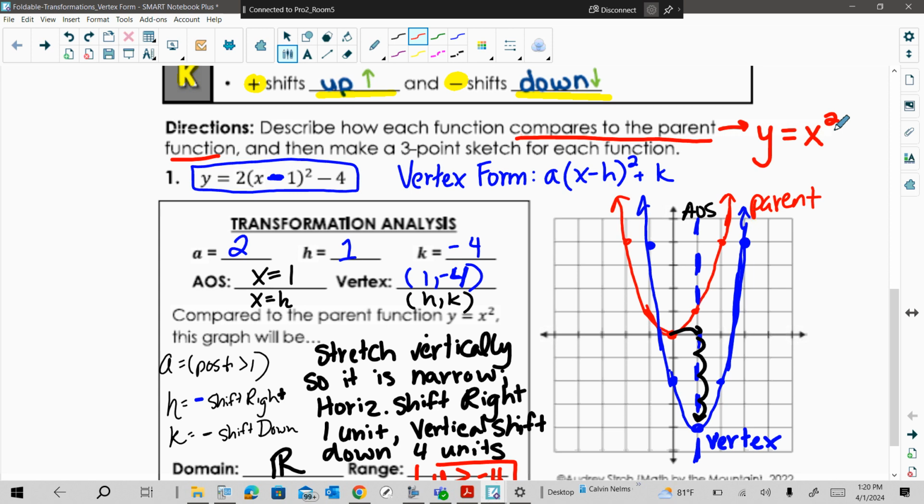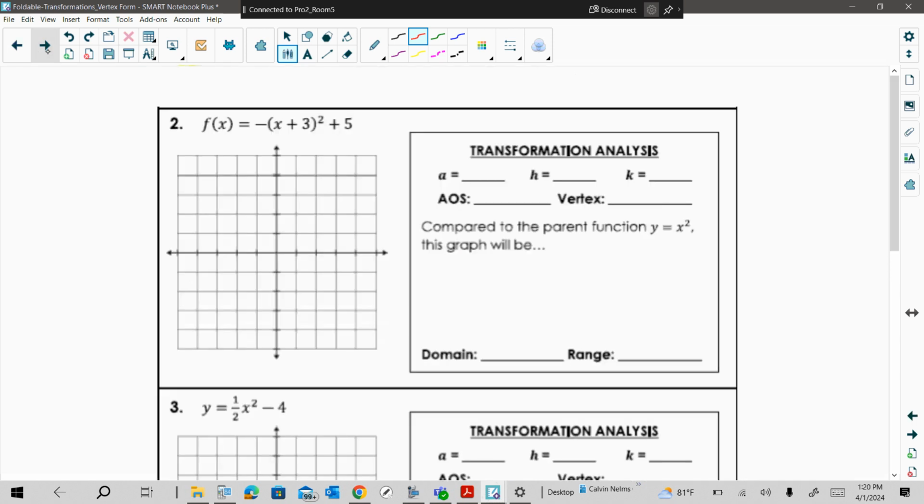So here's my parent right here. It's always going to be a parabola with a vertex at 0, 0. And now we're going to compare the new function to this parent.